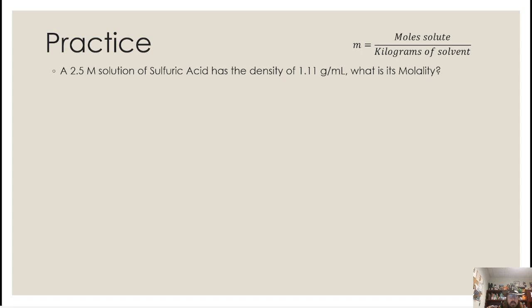Now let's look at this. If I need to convert a 2.5 molar solution of sulfuric acid to molality, what is that? So 2.5 molar, and the density is 1.11 grams per mil. This one's a little tricky.